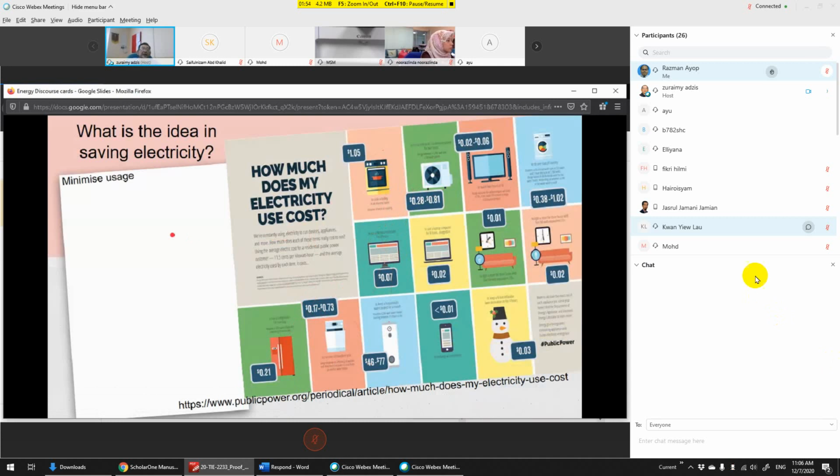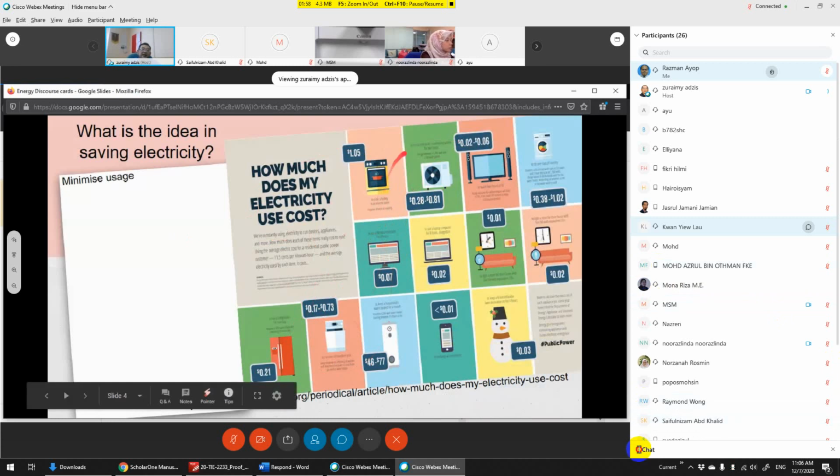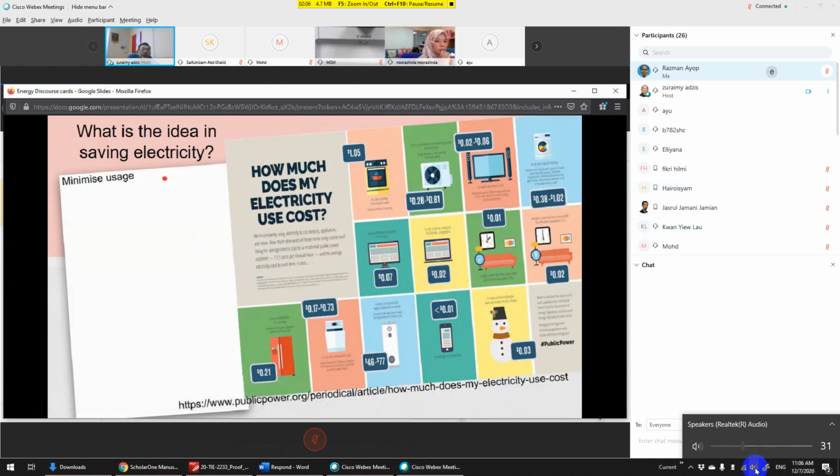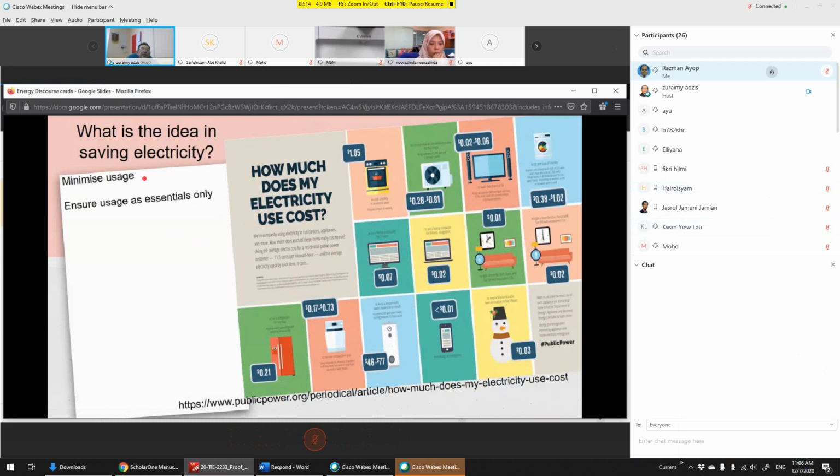So the idea is when we know how they use this electrical energy to feed their operation, maksudnya macam mana dia gunakan tenaga elektrik ini untuk beroperasi. The first step, if you want to save electricity, is to minimize usage, minimumkan penggunaan. So it's a bit difficult, but then ensure usage as essentials only.